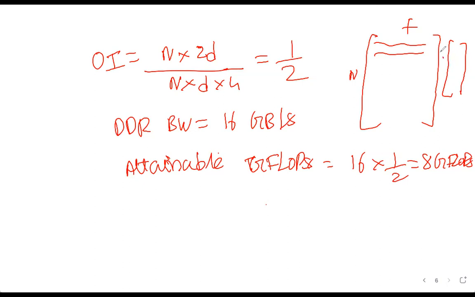This is a matrix vector multiplication problem. The vector you are storing in the FPGA memory, and the matrix you are streaming. And the attainable gigaflops is ridiculously small. So this is a challenge.